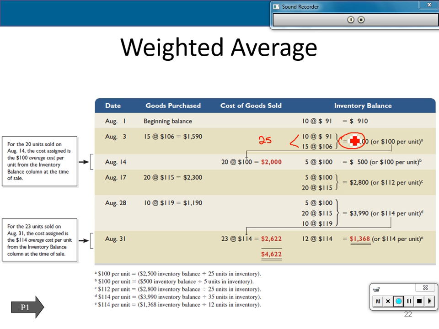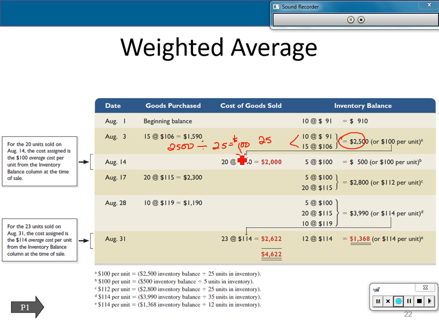In order to sell the 20 units on August 14th at the new weighted average price, we take the 2,500 total cost and divide it by 25 units, which equals $100. That's what we sell the 20 units at on August 14th.